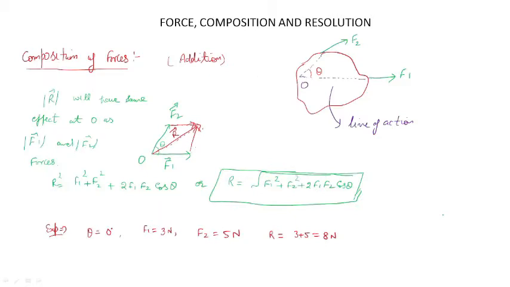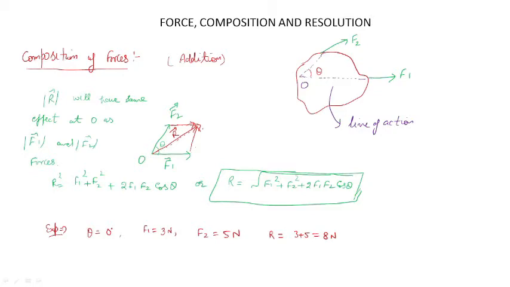Now we will discuss the composition of the forces. Here you can see this is a body, and two forces F1 and F2 of different magnitude are acting in different directions on this body.